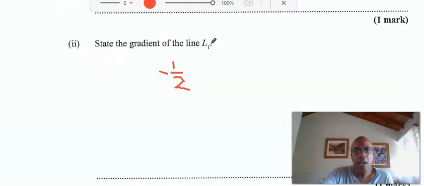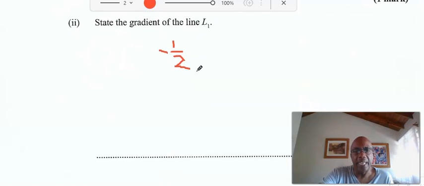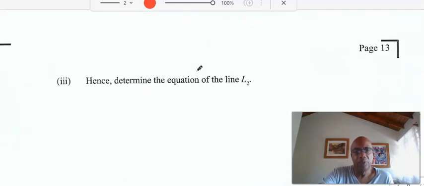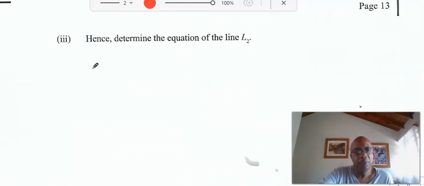So we know the gradient of L1 is -1/2. So based on the rule, -1/2 multiplied by the gradient of L2, we don't know it yet, so let me leave it blank to show you, equals -1.